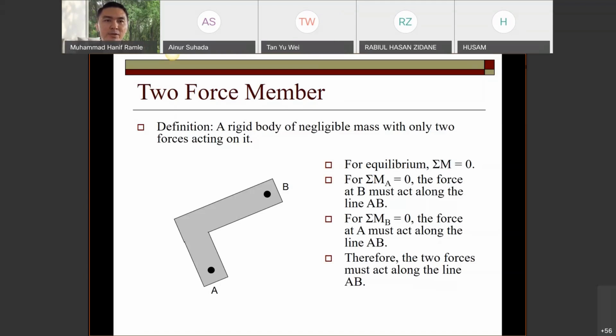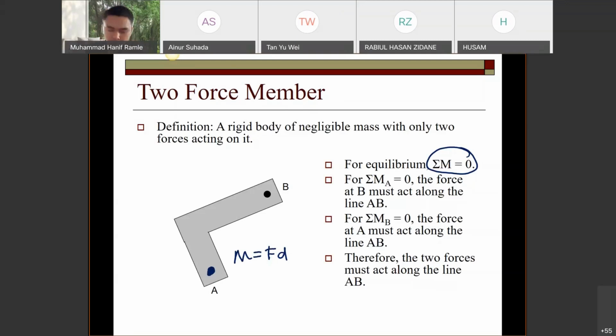Let's say we are taking moment about point A here. You calculate moment using M equal to FD for 2D. If you want to make sure that this system is in equilibrium, you must introduce the forces that make the system in equilibrium.